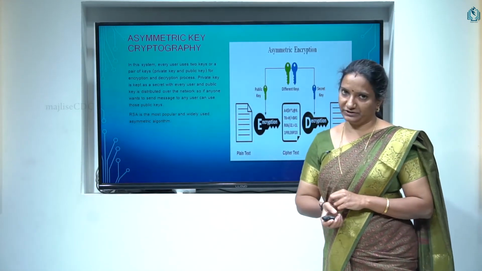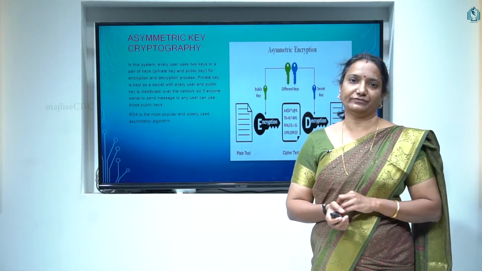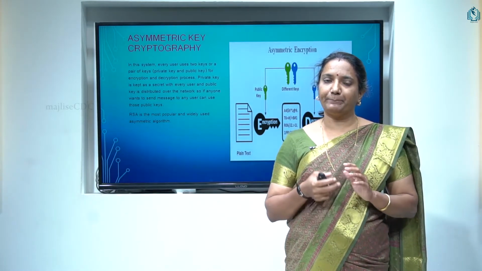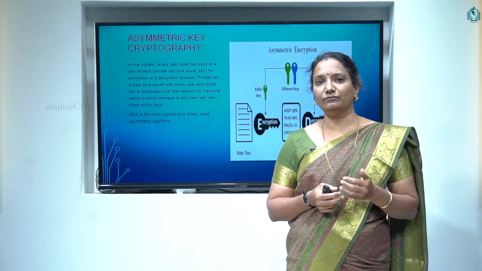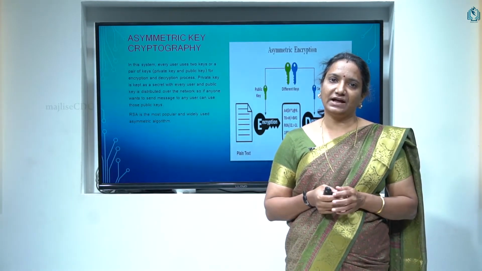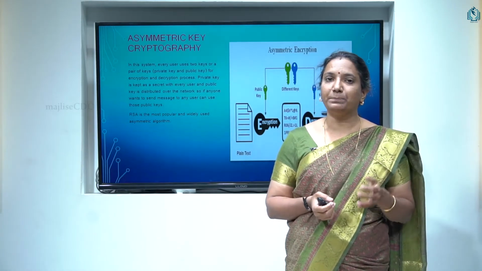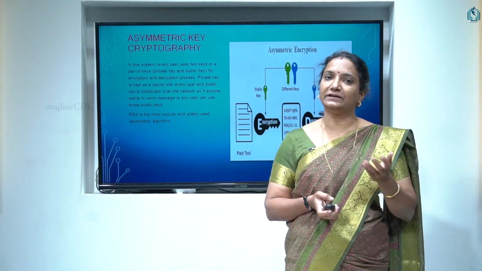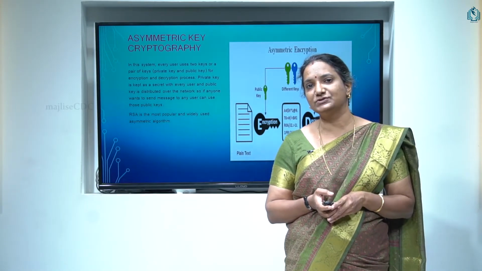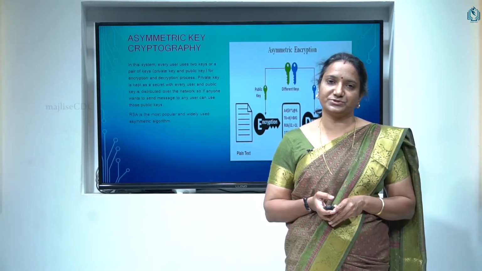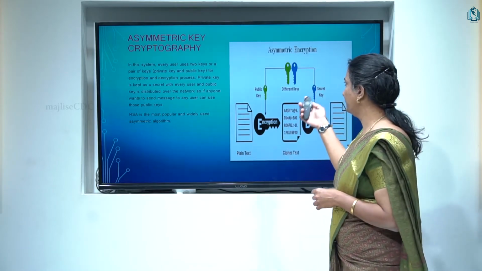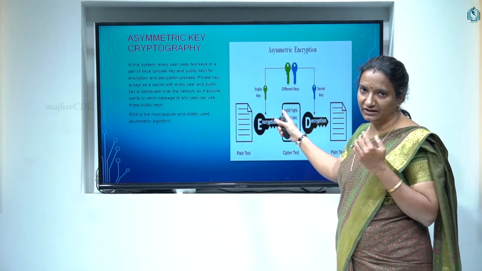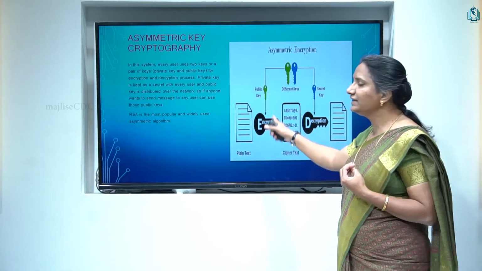Next, asymmetric key cryptography. In this cryptography, we use two different keys. A pair of keys is used, one for encryption and another for decryption. That is the public key and the private key. The public key is used on the encryption side and the private key is used for decryption. This picture illustrates that when plain text is passed through the encryption algorithm, a public key is used.